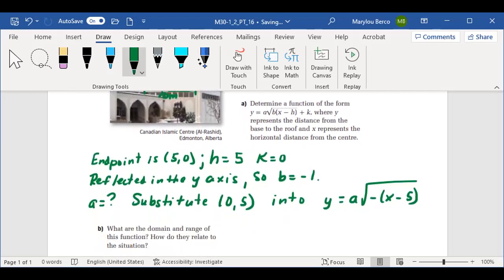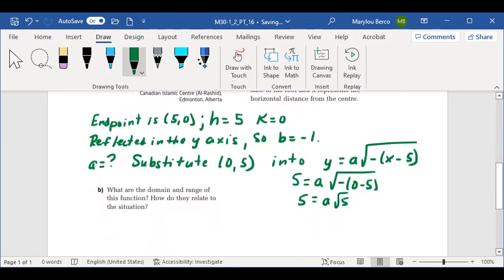So what we have is 5 equals a root of negative 0 minus 5. 5 equals a root 5. We'd have 5a equals 25. If we squared both sides, we have a squared, so a will then be equal to root 5.